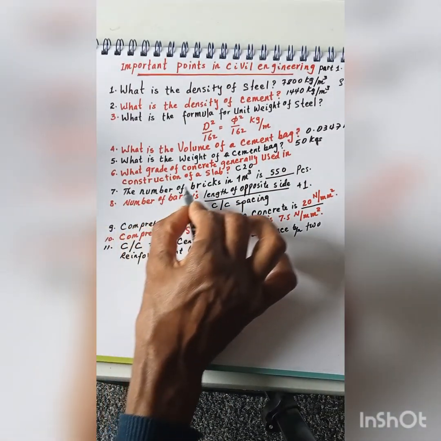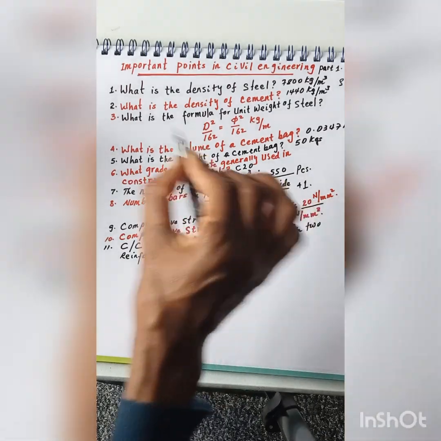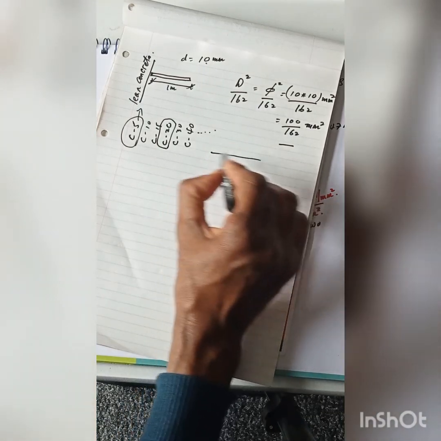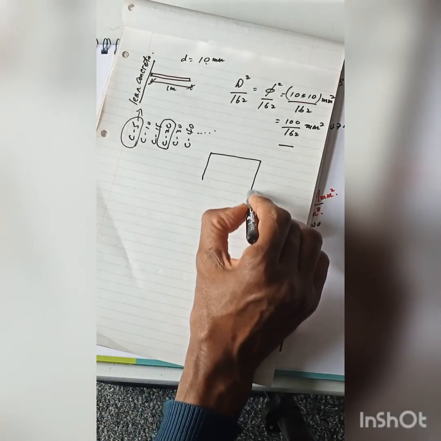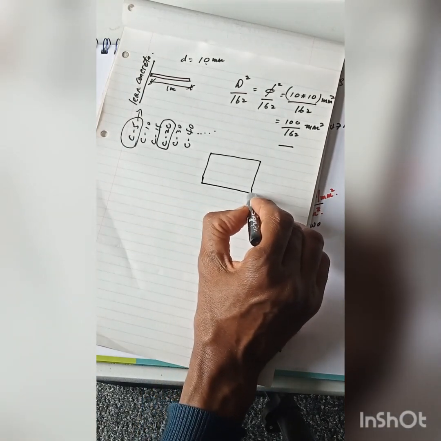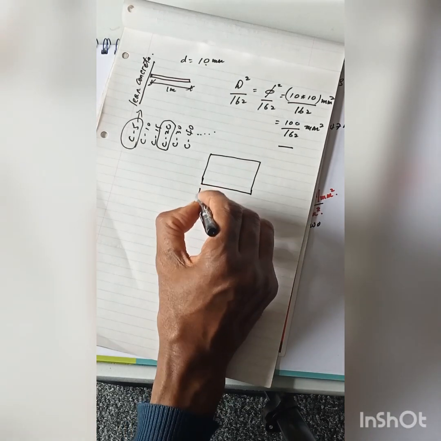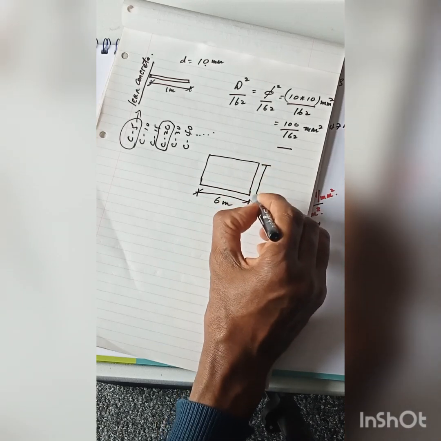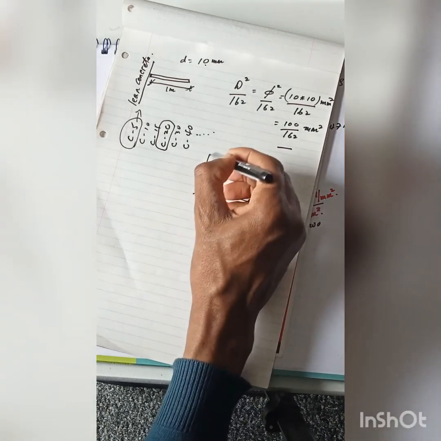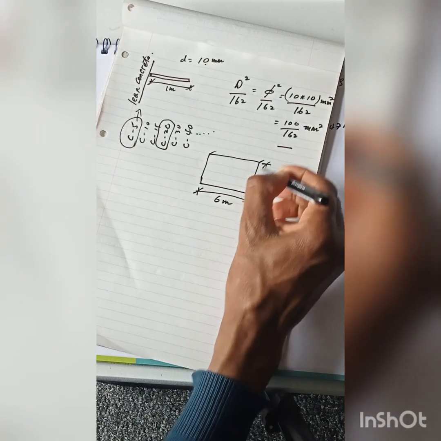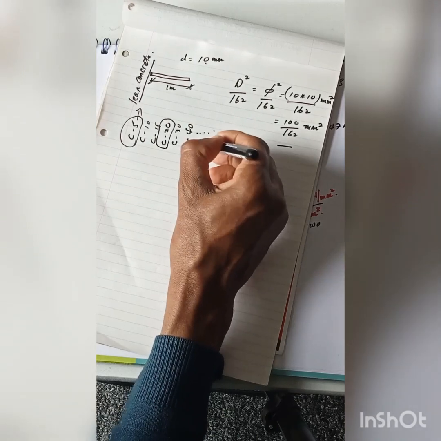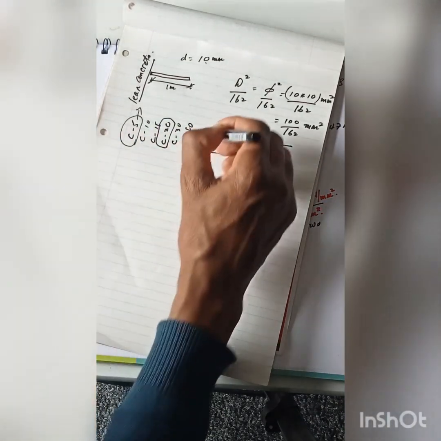Number 7, the number of bricks in 1 meter cubed. If we have this wall, for instance, 6 meters by 6 meters, and its thickness, let's say, is 0.5 meter.